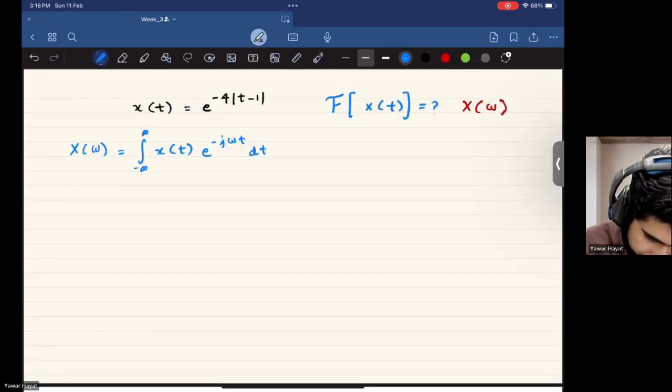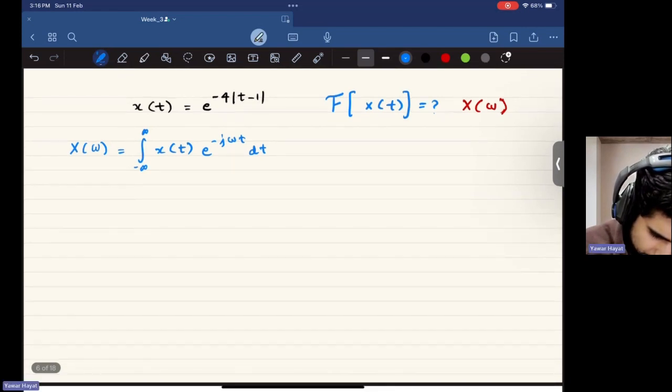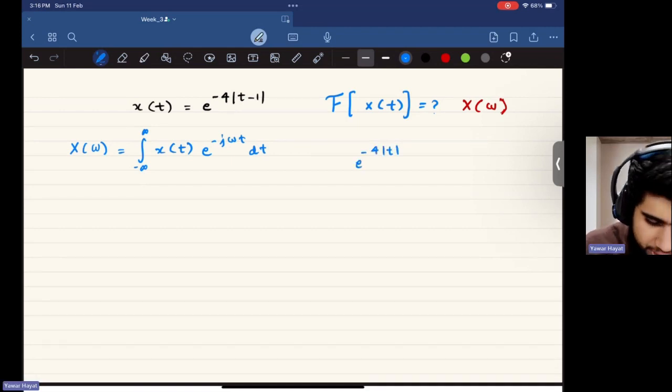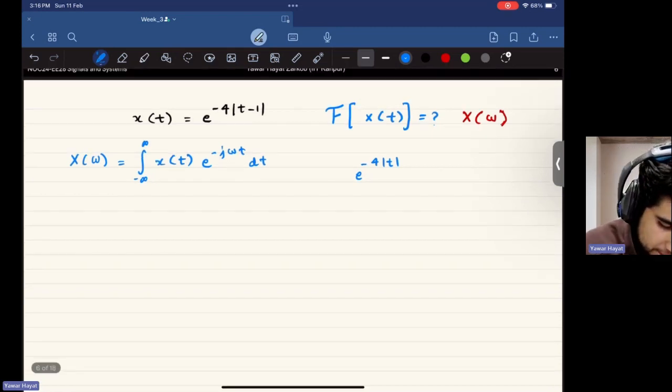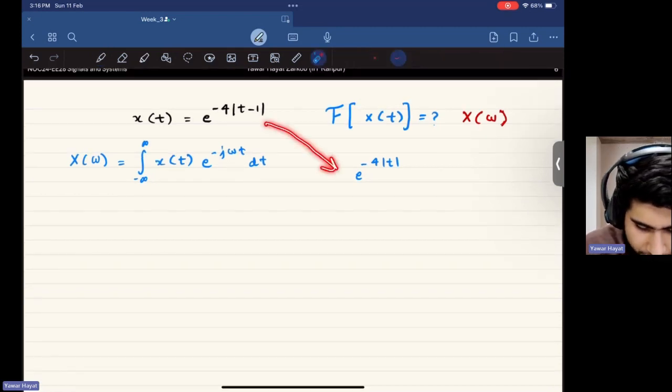Now, what we'll do first is compute the Fourier transform of e to the power minus 4 modulus of t, and then we'll use the time shifting property, right? Because one can readily see that these two functions are nothing but time shifted versions of each other. Here the time has been shifted by 1 unit.